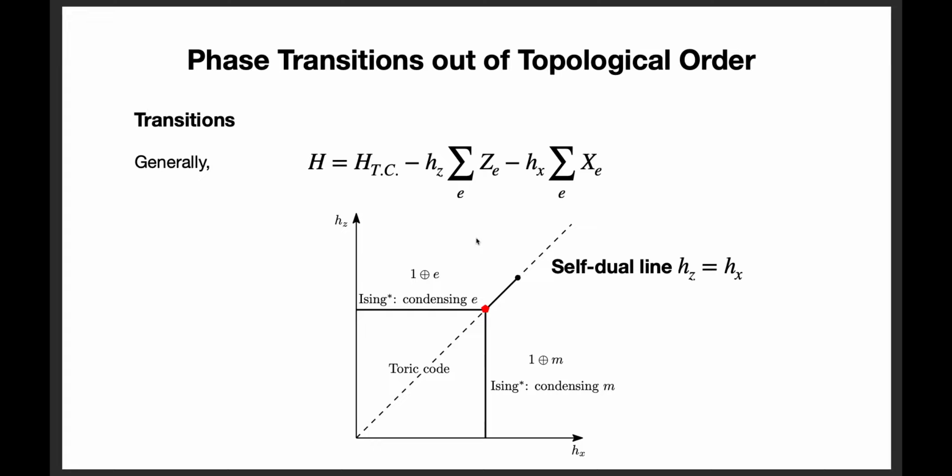If you run the RG, you will find that this whole line flows to this point, and it's still an Ising star transition. Similarly, by applying this self-duality symmetry, you'll find this line is also an Ising star transition. So we know all about the phase diagram except along this self-dual line, where the fluctuations of E and M have equal weight. The mystery is what happens along this line.